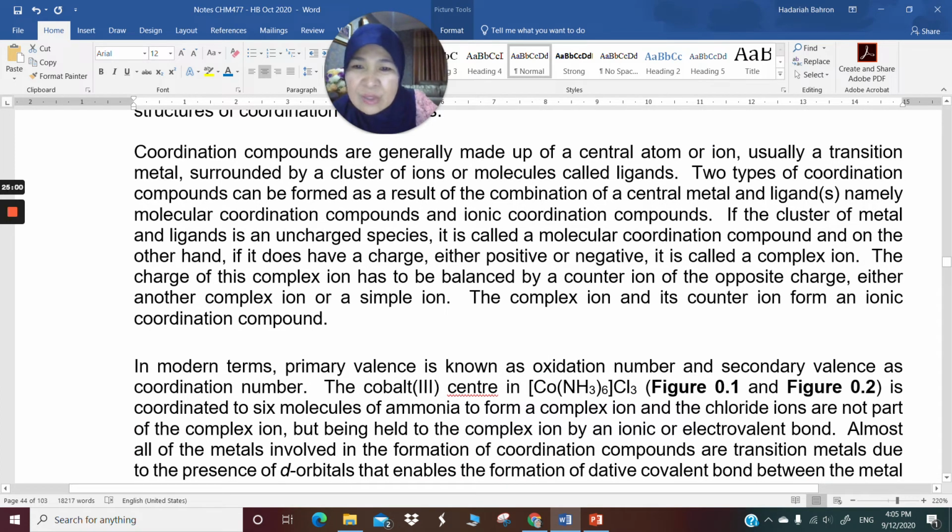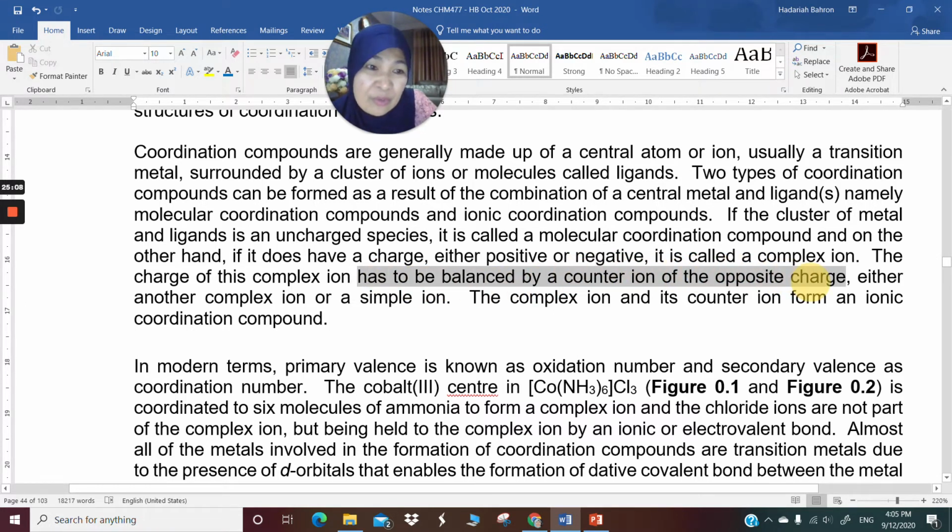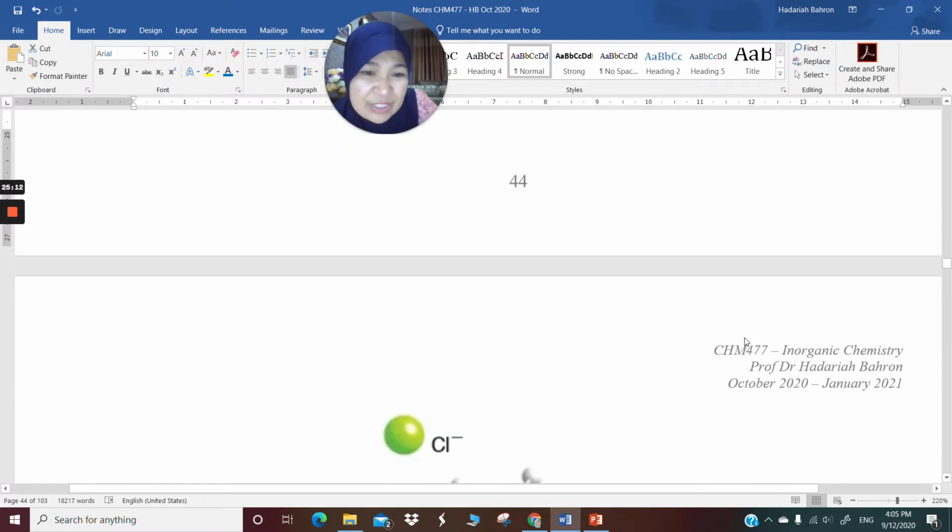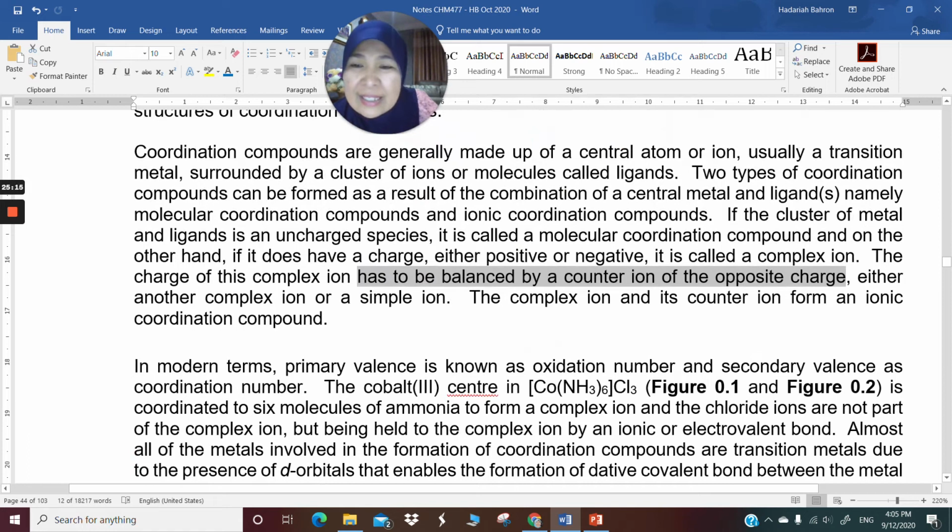The charge of this complex ion, which in the case of what we saw down there was 3 plus, has to be balanced by a counter ion of the opposite charge, which in the case of the picture here is chloride. It can be a simple ion like chloride. It can also be another complex ion, as long as it has an opposite sign charge.